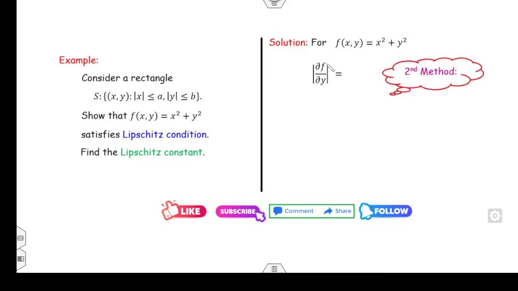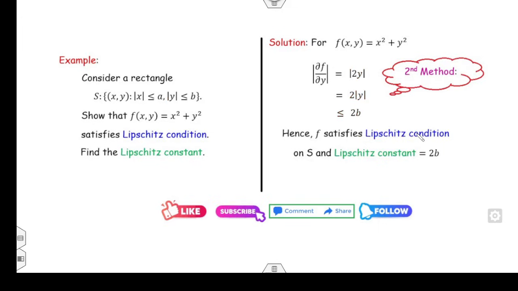Second method: we can start with del f upon del y, which is 2y. I can write it as 2 into modulus of y, and the value of y is less than or equal to b, and you can see this number is a constant. Once this number is constant, yes, the Lipschitz condition is satisfied, and the Lipschitz constant is 2b.